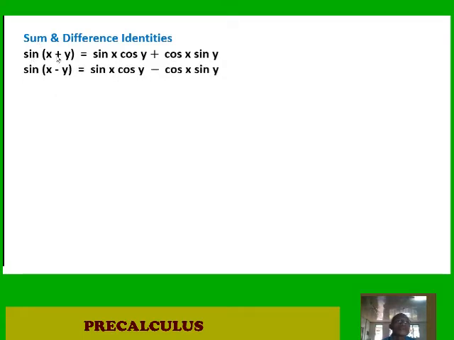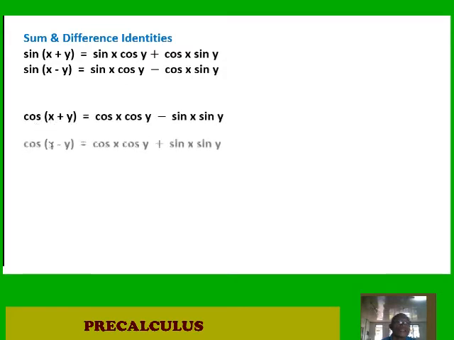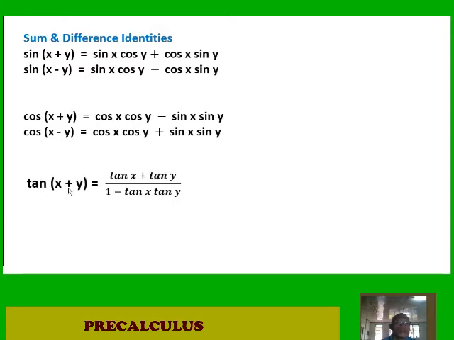So these are the sine of the sum of x and y and sine of the difference of x and y, the cosine of the sum and the cosine of the difference, the tangent of the sum of x and y and the tangent of the difference of x and y. These are the basic trigonometric identities.